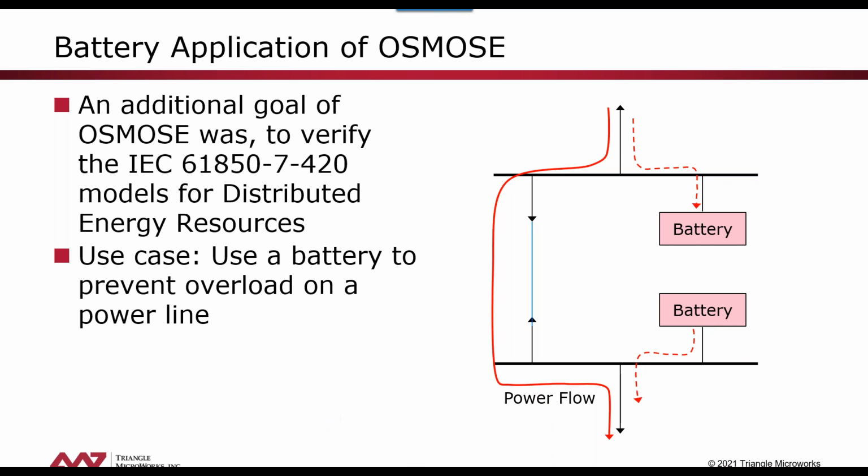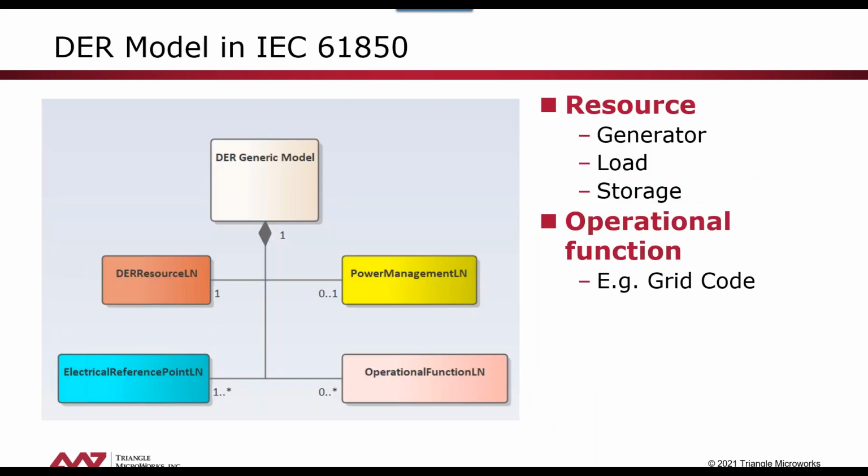Now, the first thing we wanted to do, we wanted to verify that as models in 61850, and 61850 part 7420 basically has high-level abstract models for DRs. We talk about operational functions that basically implement the grid codes, and in our example, the load following function would be one of the operational functions.